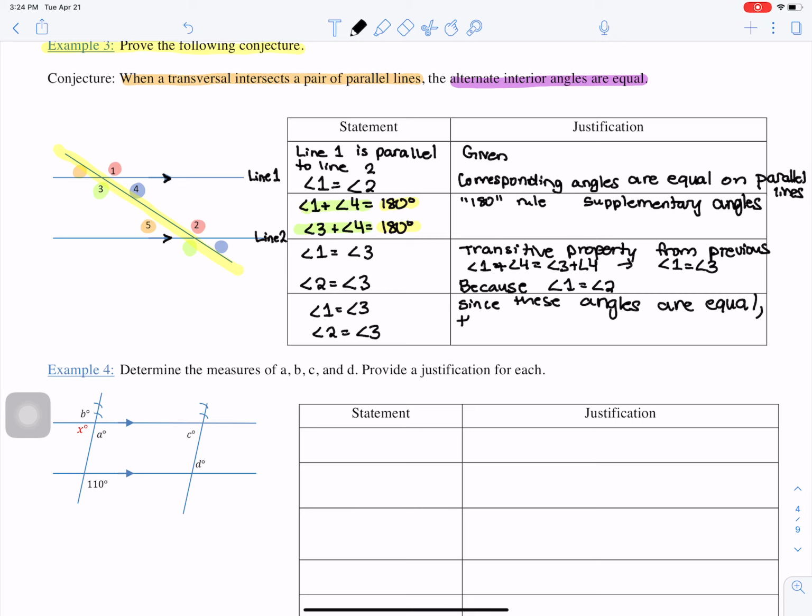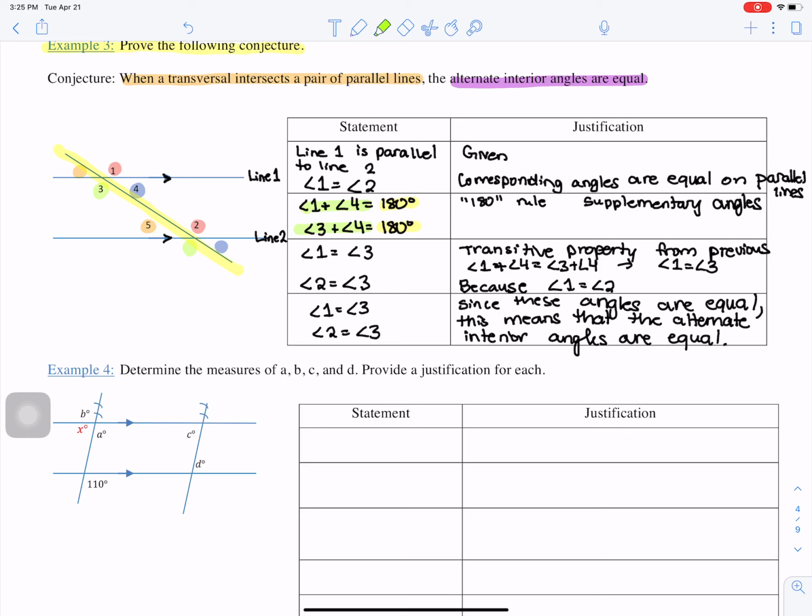this means that the alternate interior angles are equal, and then I'm done. So angle 1 equals angle 3 and angle 2 equals angle 3.